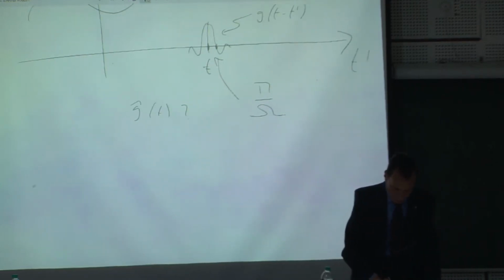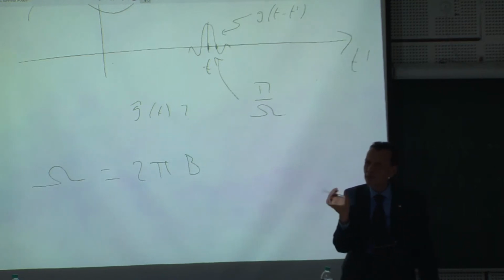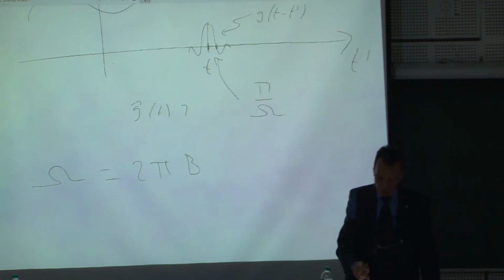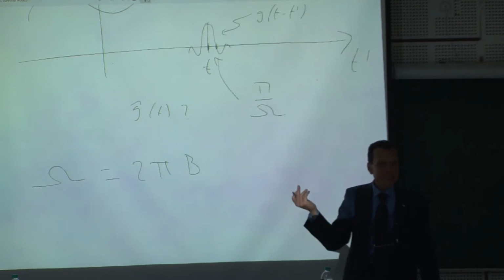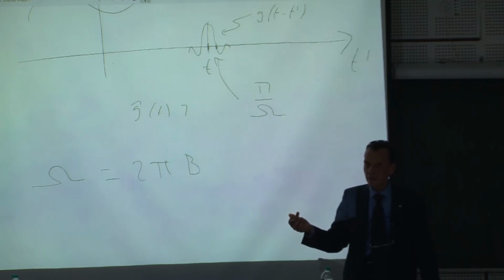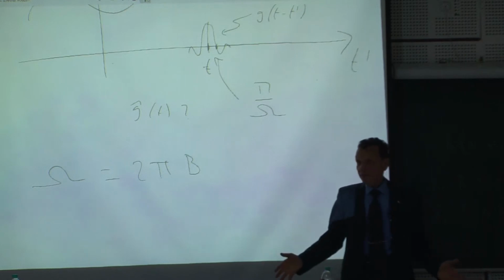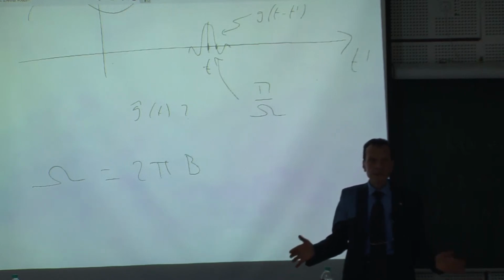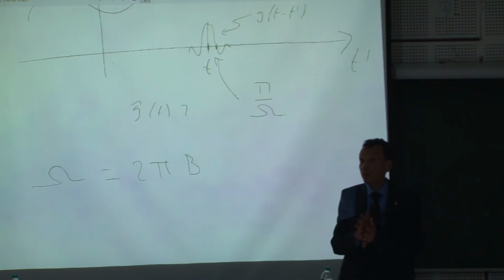So if omega is twice pi b, a measure of the resolution is pi over twice pi b. It is again 1 over twice b. It's exactly like the discrete case, which we considered before. So again, as a rule of thumb, the wider the frequency range you can measure over, the more resolution you can get.